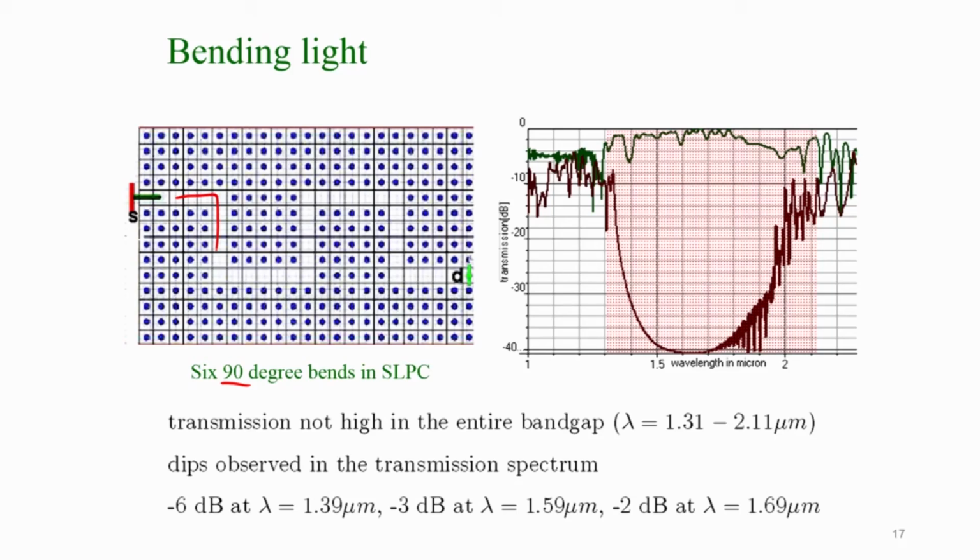Recall that it is almost impossible to bend light 90 degrees in an integrated optic structure, because it would radiate out the light and not function as a bend. With photonic band gap structures it is possible to create 90-degree bends in a square lattice. In this particular case, the square lattice of photonic crystal is used here.